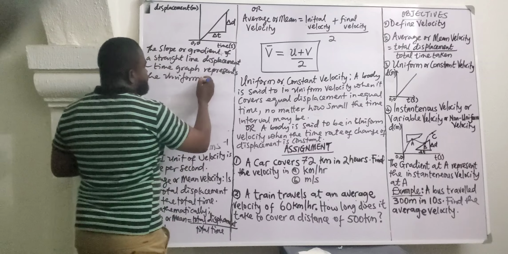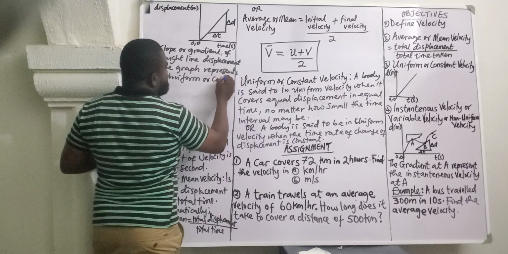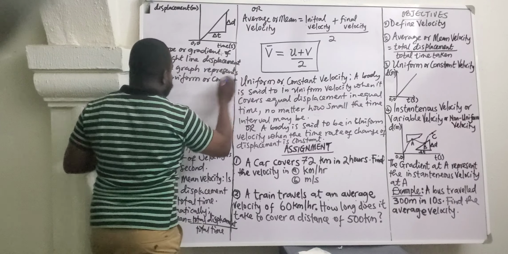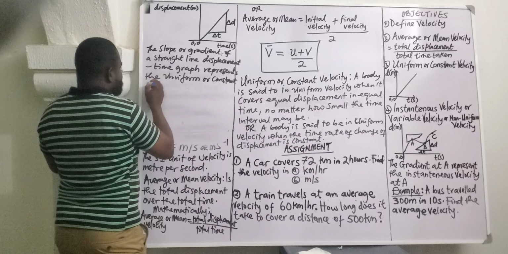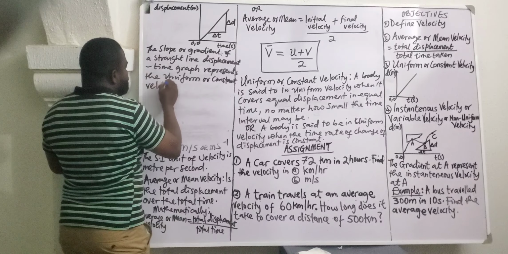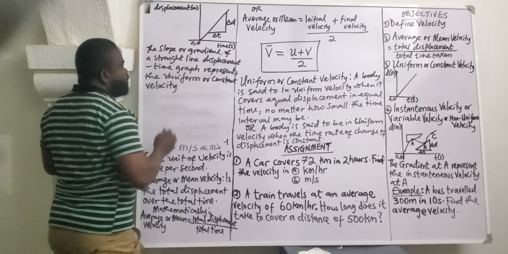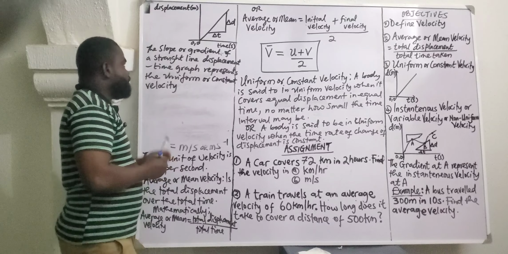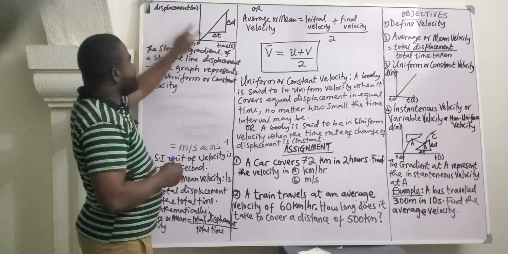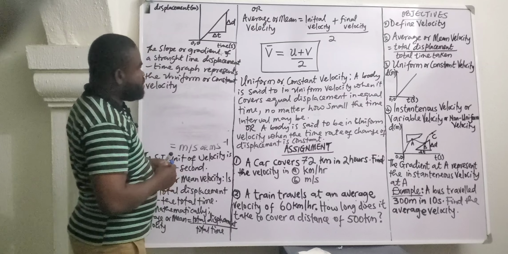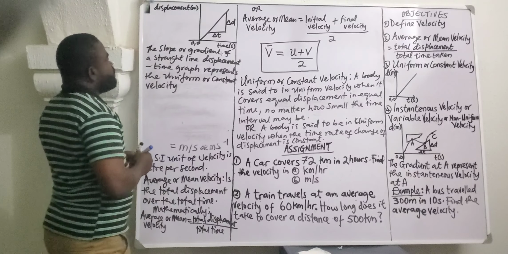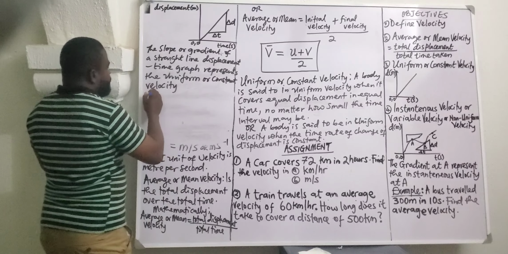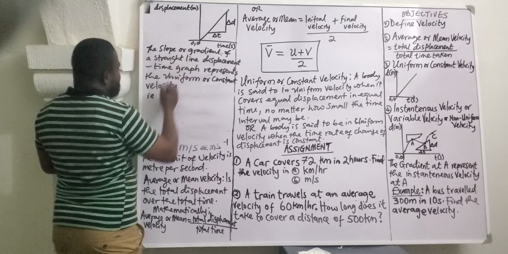If you say distance time graph, then the slope will be uniform or constant speed. Then if you say displacement time graph, the slope will be what? Uniform or constant velocity.